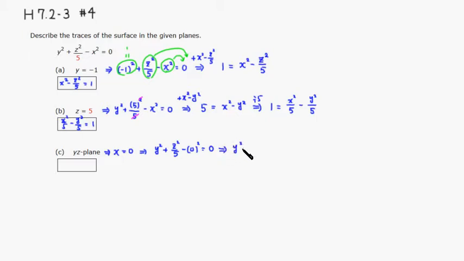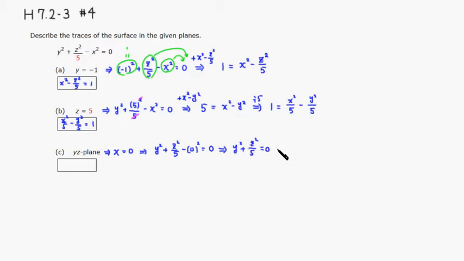If you look carefully, y squared is always non-negative, and z squared is also non-negative. If you add non-negative numbers together and get 0, the only way is for both to be 0.